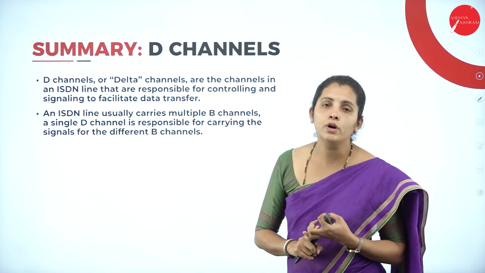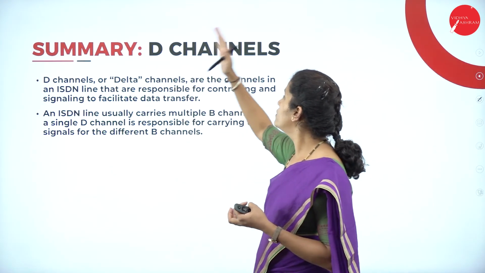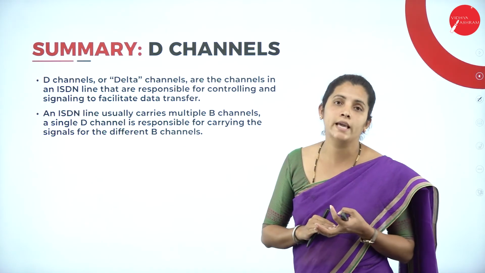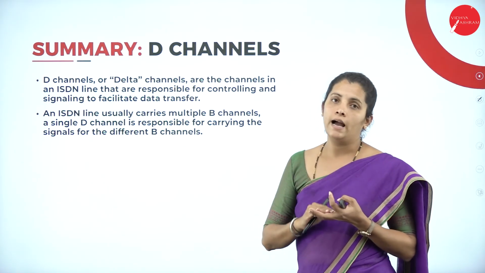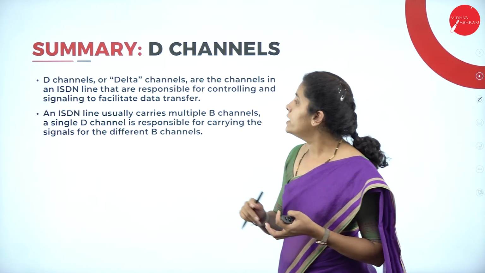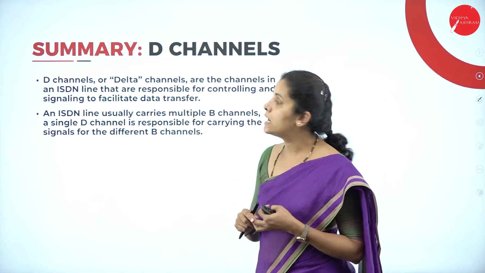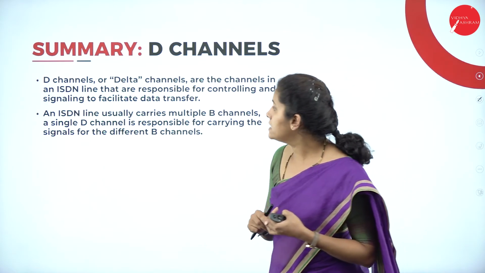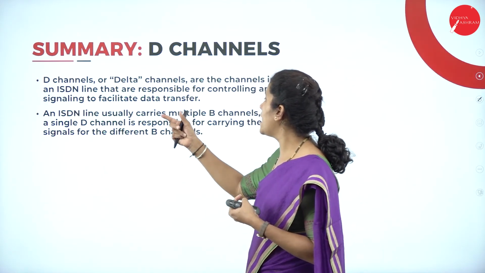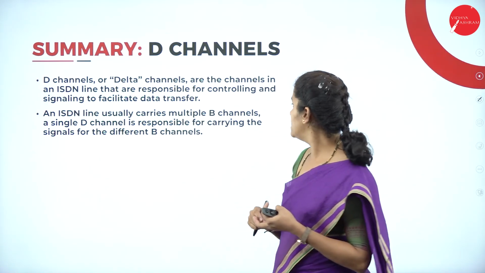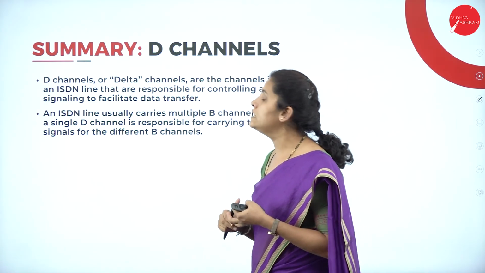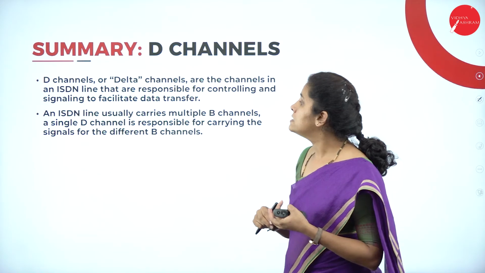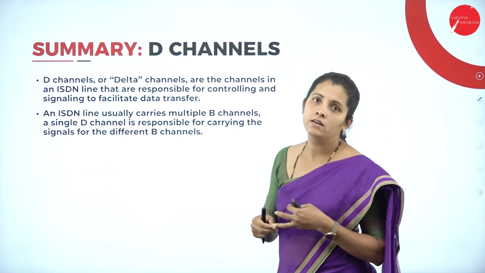Moving further, we are going to have the summary of data channel. So here the data channel is mainly used to carry the signals and controls. So it is also called delta channel or D channel. So here an ISDN line usually carries multiple B channels, and a single D channel is responsible for carrying the signals for different B channels.